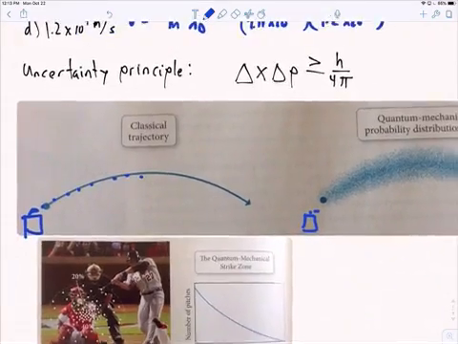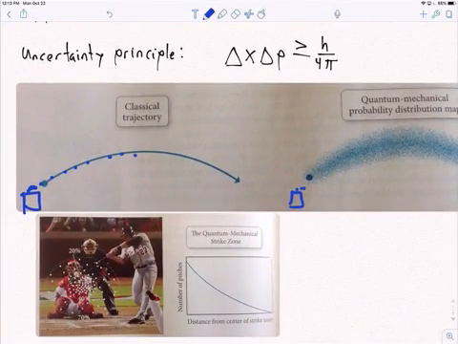Okay, next thing. This is Heisenberg's uncertainty principle. You probably heard of Heisenberg from Breaking Bad. This uncertainty principle is a mathematical construction based off of linear algebra. The uncertainty in the position times the uncertainty in the momentum is greater than or equal to Planck's constant h over 4 pi.